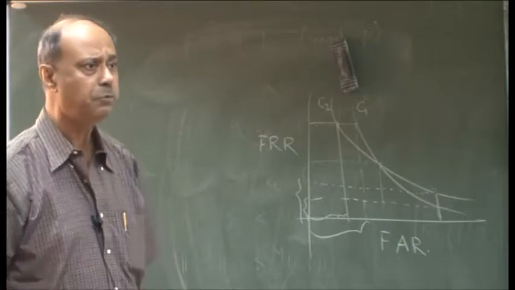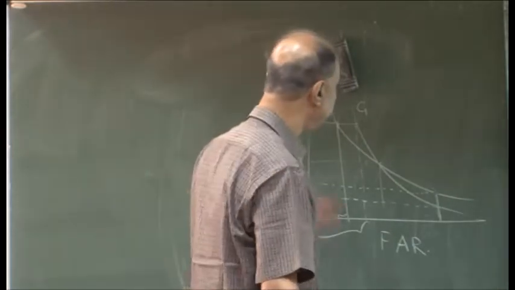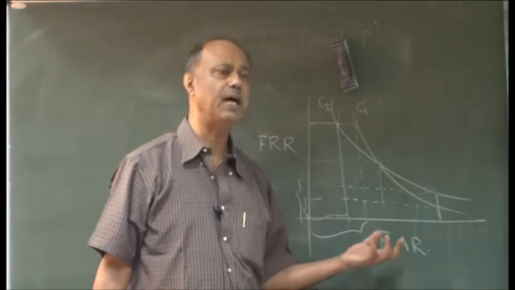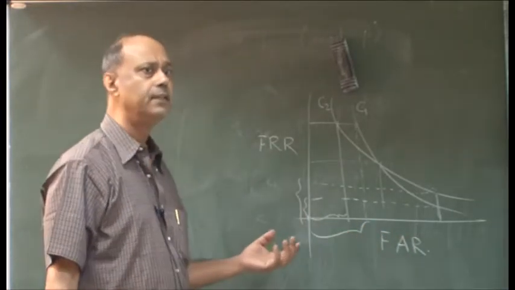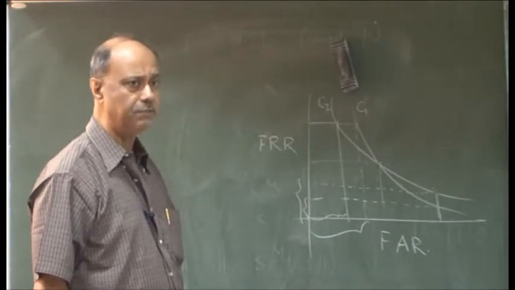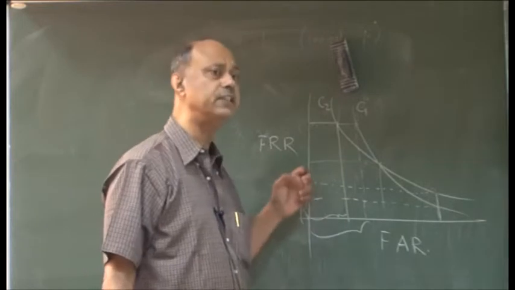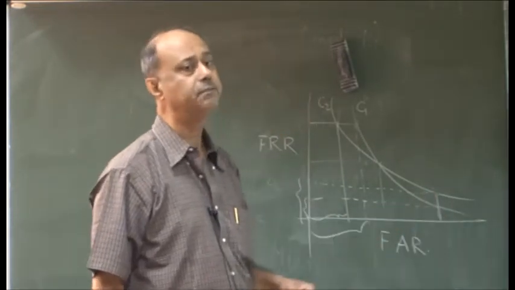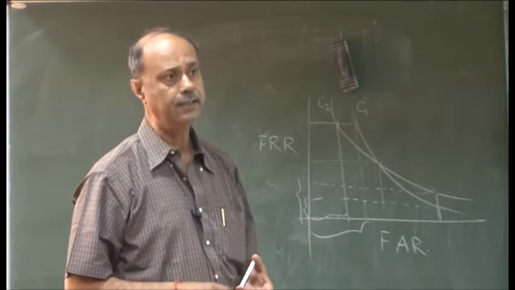That part we will discuss later. But at this stage, if you give false acceptance rate the higher priority, then C2 is the better curve, and if you give false rejection rate the higher priority, then C1 is the better curve, right.